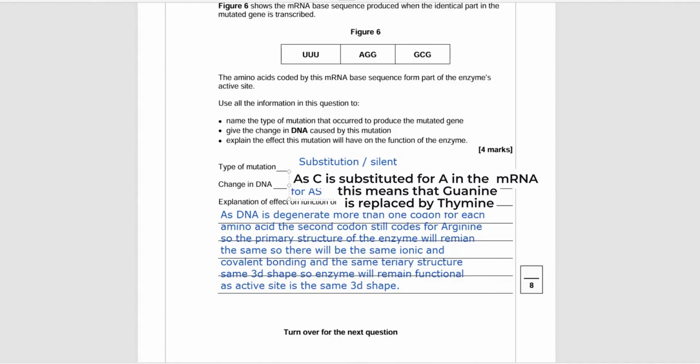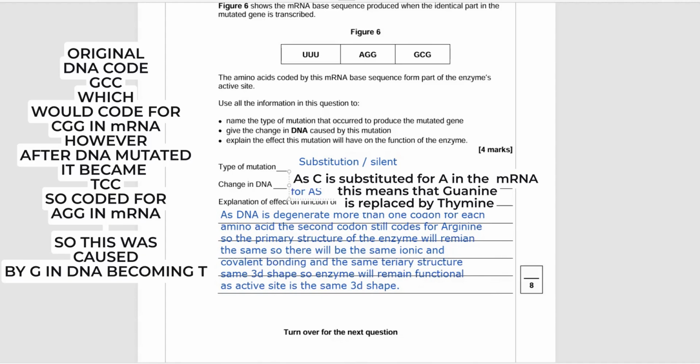So they actually need you to say that G was swapped for T in the DNA, even though we're given the mRNA C for A. C would be complementary to guanine on the DNA. So normally guanine would produce the cytosine in the mRNA, but the guanine was changed to thymine. So when the mRNA was coded for, it was adenine instead of cytosine.